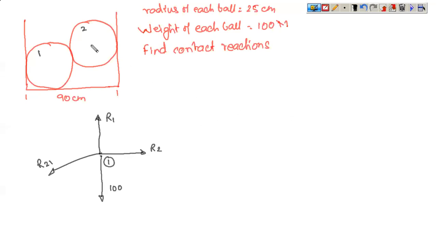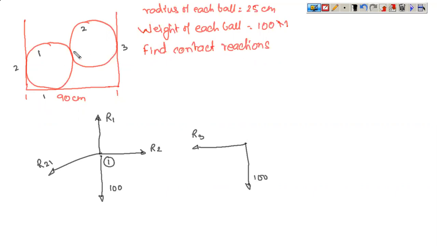Now let us draw the free body diagram for ball 2. This is again 100 Newton. It is supported from this end. So you have another reaction here, R3, let us say. This is surface 3. And this is surface 1. This is surface 2. So R3 is the reaction offered by surface 3.